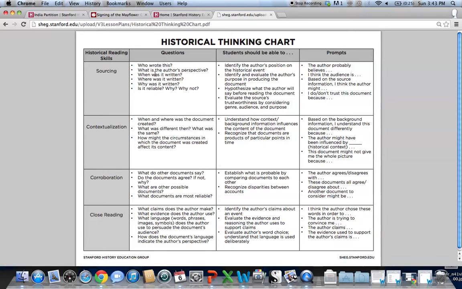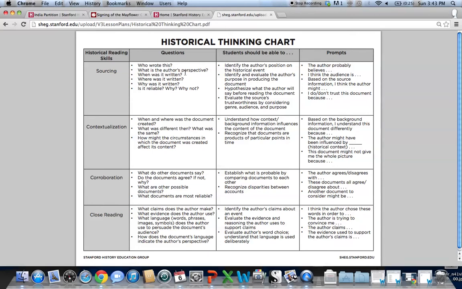So the number one thing here is sourcing. The questions students have to ask, that's this column here, are: who wrote this, and what is the author's perspective? That is also going to be important in the AP history courses, because with the new exams, one of the major criteria students will be graded on in the DBQ is point of view.